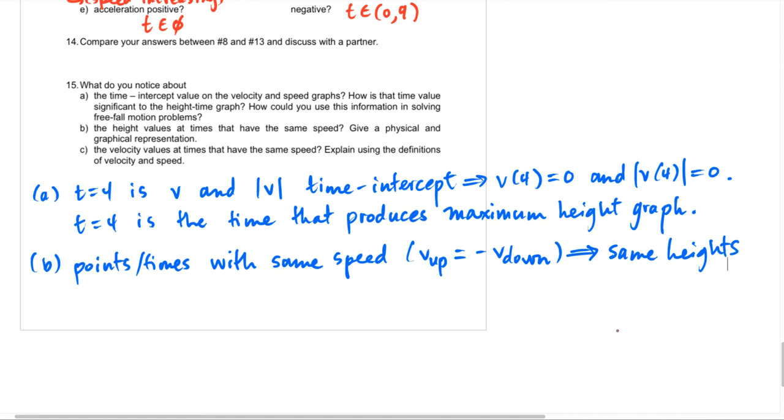And this is due to the symmetry of the parabola and all of the algebra that's related to the linear velocity and the constant acceleration functions.